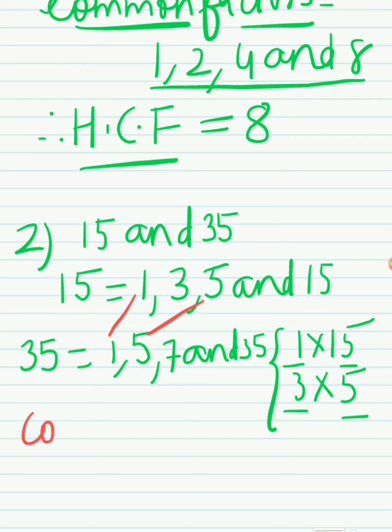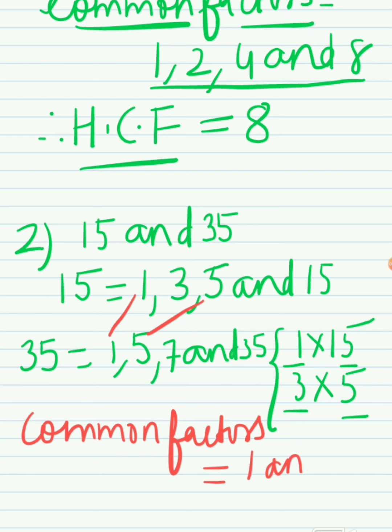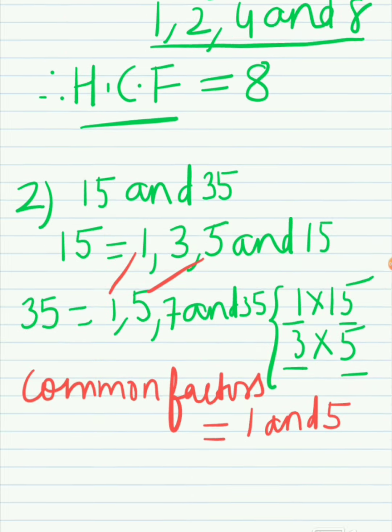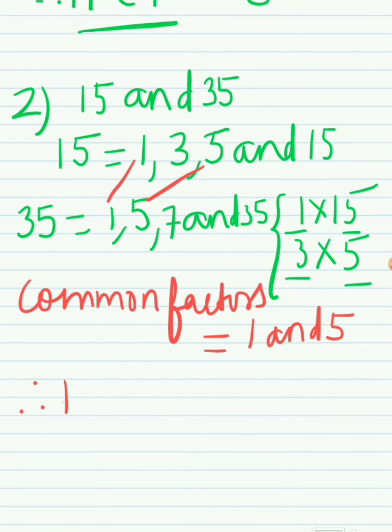So we will write here common factors is equal to 1 and 5. Now you know how to write: highest common factor means HCF is equal to 5. The highest number is the answer.